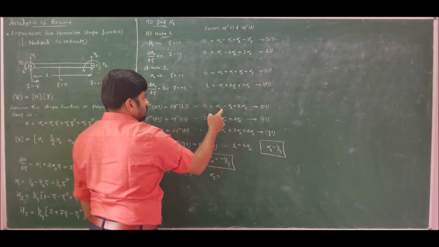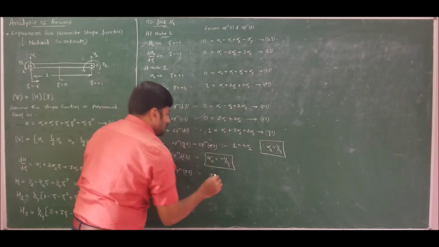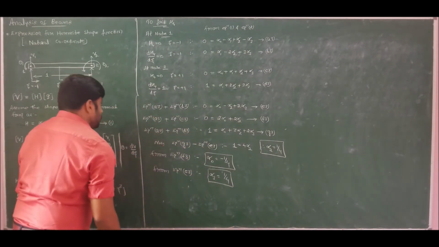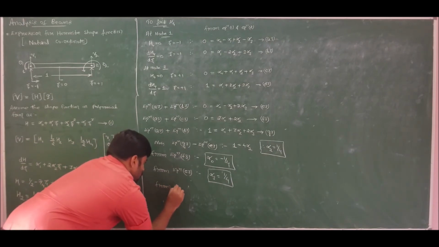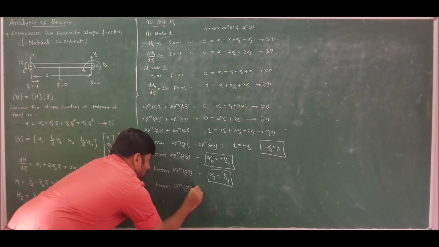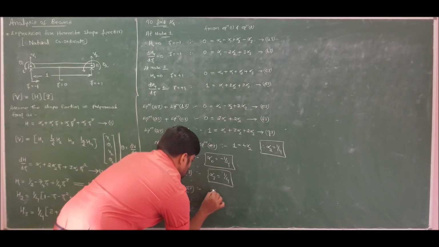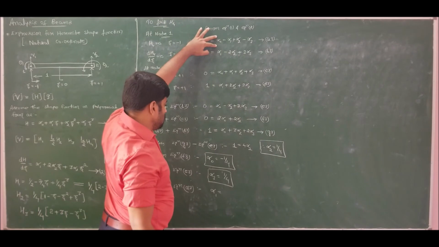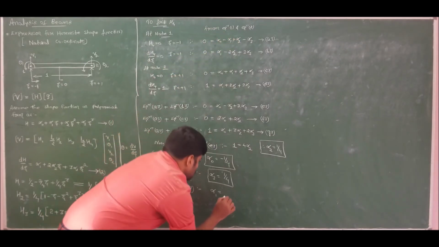If I send it here, it will become plus 1 by 2, plus 1 by 2 divided by 2 is plus 1 by 4. So finally from equation A3, we will get alpha 1 is equal to minus 1 by 4 plus 1 by 4 will become 0, minus alpha 3 is minus 1 by 4.